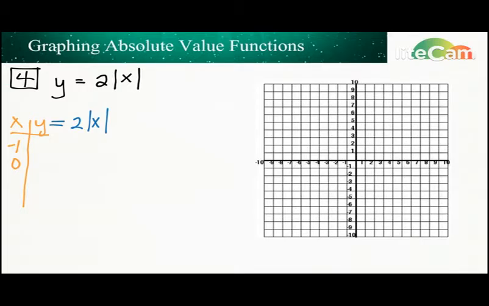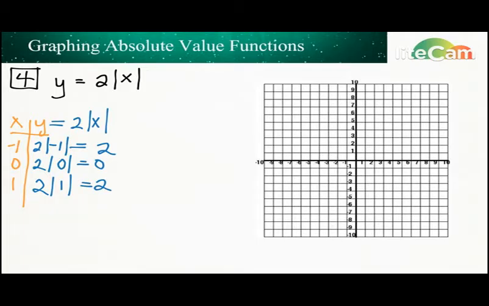There is no translation, so I can still use the same numbers if the graph is in the center of the coordinate plane. Okay, so if I put in -1, I'm going to do 2 times absolute value of -1, which the absolute value is 1. 1 times 2 is 2. I'm going to do the same thing for the 0, which ends up being 0. And then the same thing for the 1.